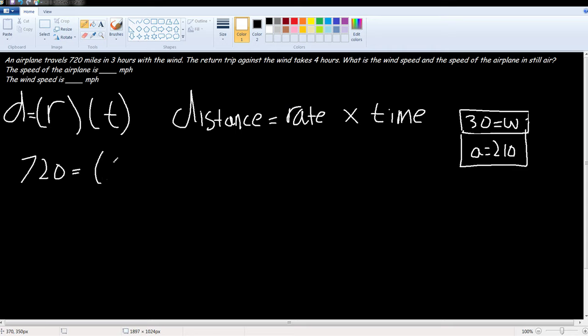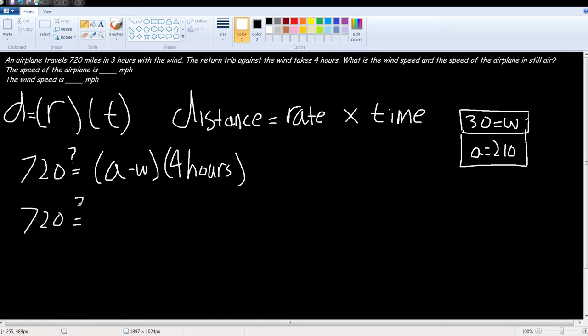So if you remember, it was A minus W multiplied by 4 hours. So once again, we plug in A and W. So we get 720 is equal to, I'm putting these question marks because we're still checking the answers.